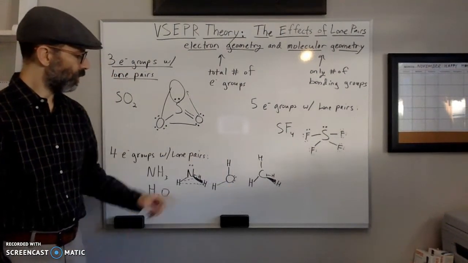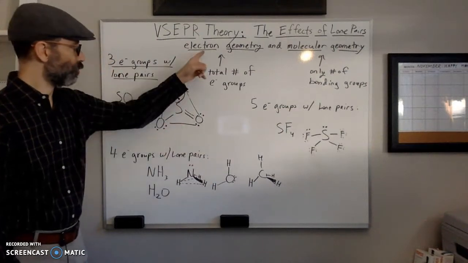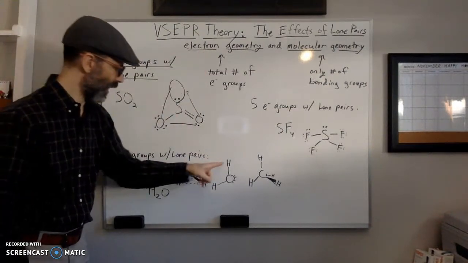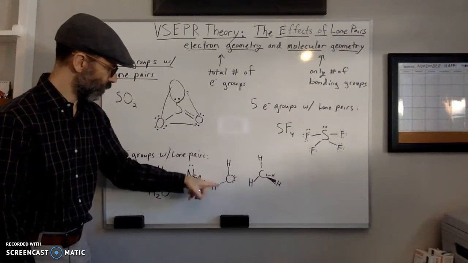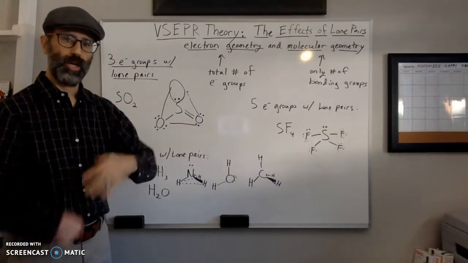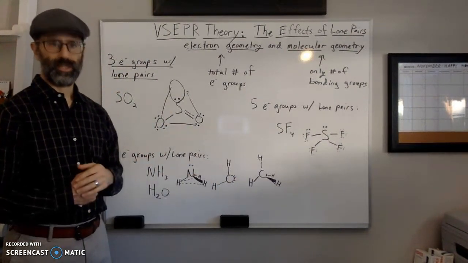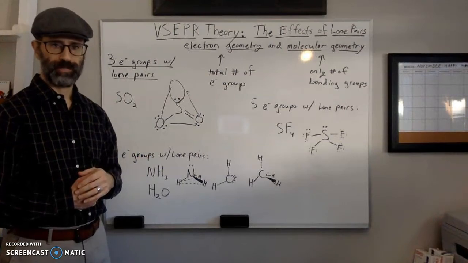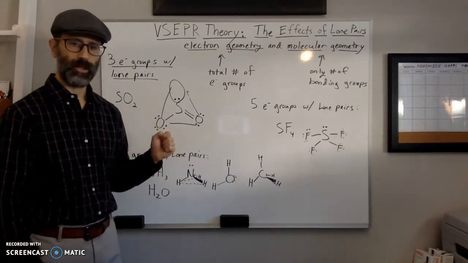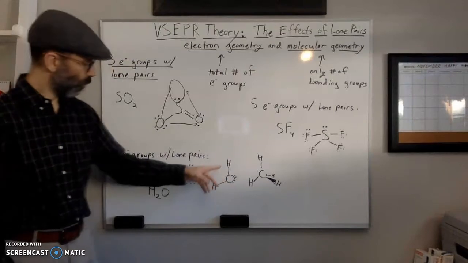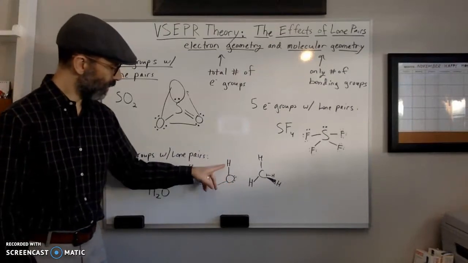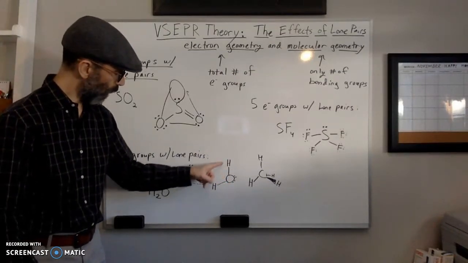Okay? So if I want the electron group geometry or electron geometry, then I'm not ignoring the lone pairs. So the two lone pairs here plus those two bonds are four groups. So four groups means tetrahedral electron geometry. But for the molecular geometry, I'm ignoring the lone pairs. And the lone pairs are still there, but look at the shape of the molecule. Why are these here?